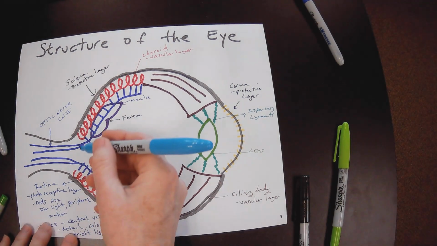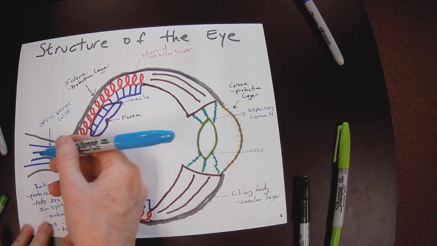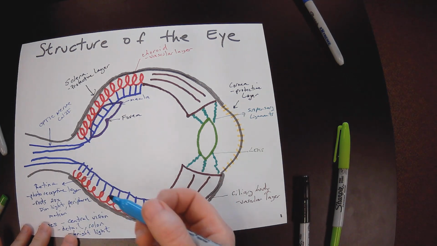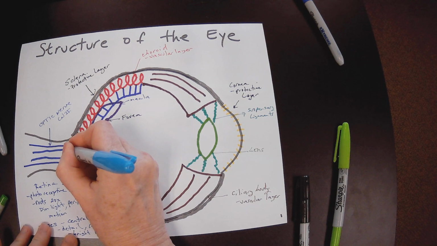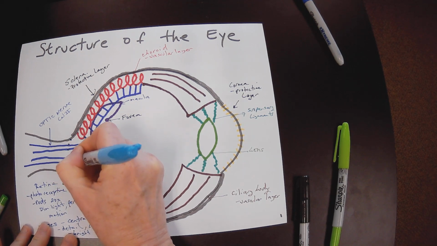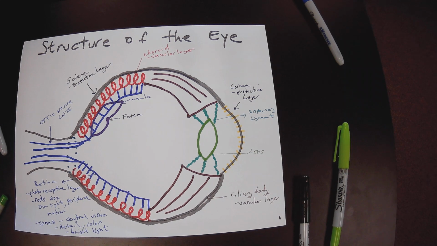You have a hole here in the back of your eyeball where the second cranial nerve exits. Okay, that hole is known as the optic disc. So I'll just kind of circle this space. It's really just the space, and it's a hole right in your vision, right there.